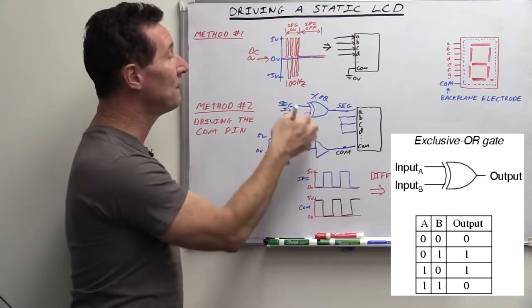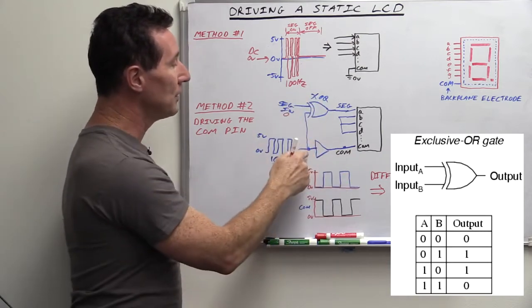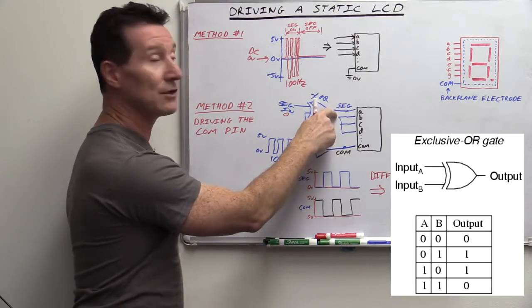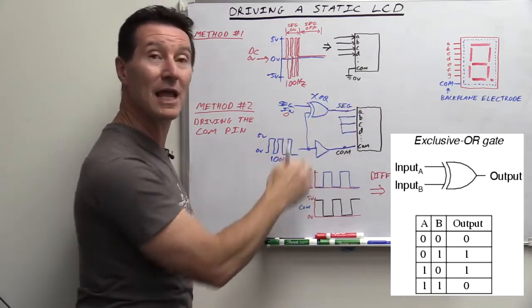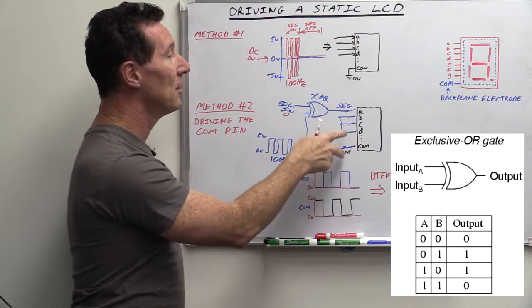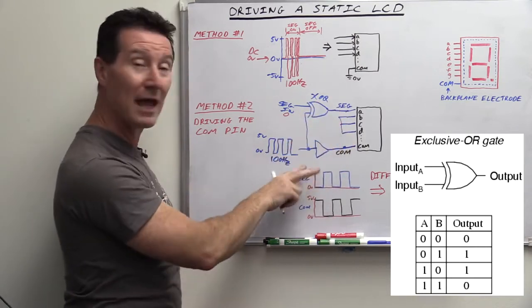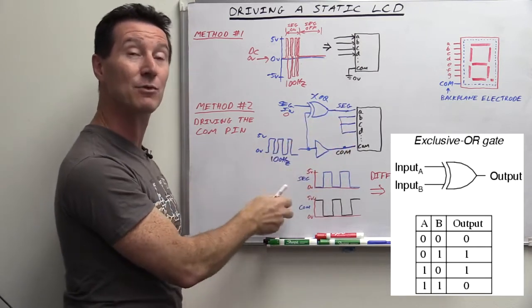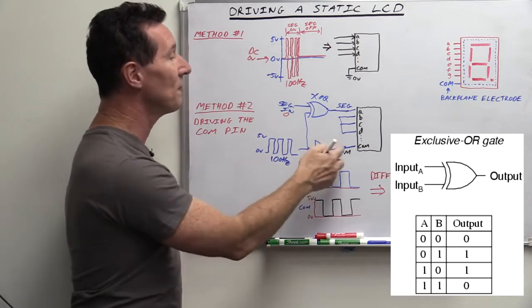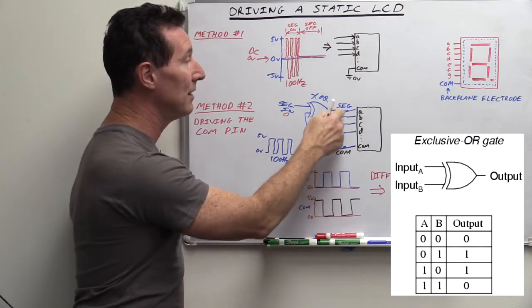It's not going to invert this at all. So your signal here is going to equal your signal here like this. So the segment will be off because there's no difference between the segment and the COM pins. They're not out of phase. We're not driving them out of phase, we're driving them in phase. They're effectively like shorting that pin to that pin.